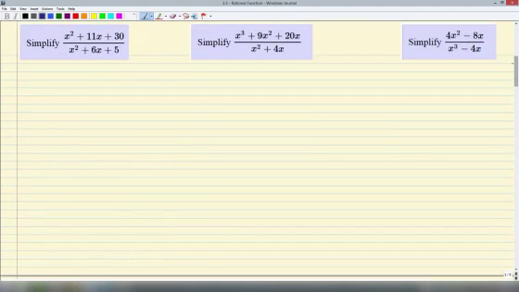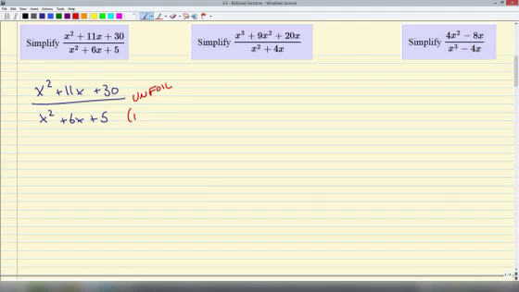First of all, we're going to start out with these problems, and all we want to do is run you through some mathematical gymnastics of factoring, of simplifying polynomials that have a numerator and a denominator. For this first one, we have x squared plus 11x plus 30 divided by x squared plus 6x plus 5. And what we want to do is unfoil or factor these polynomials.